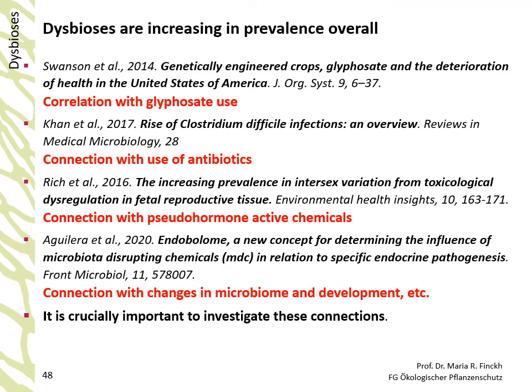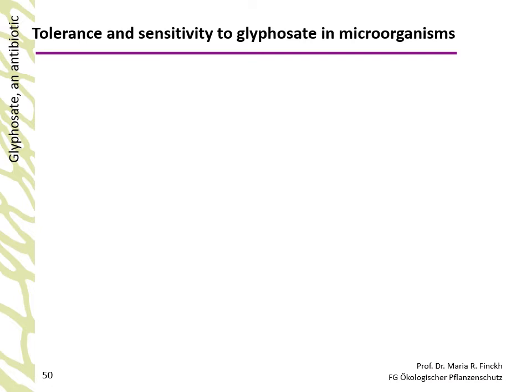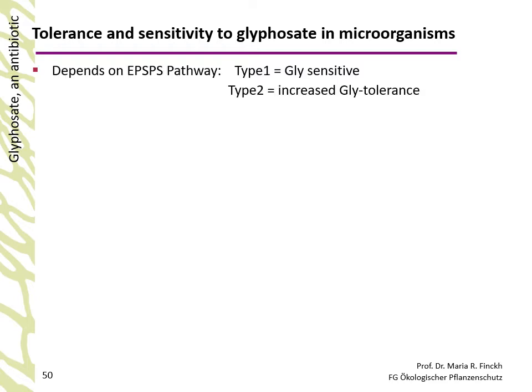So we really need to look at this. This is not just a fantasy of some people. And so let's look back. It is an antibiotic. So now let's look at how glyphosate and microorganisms interact.